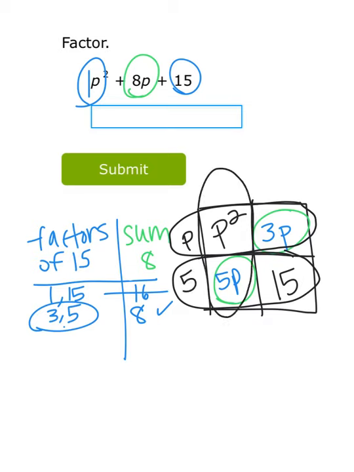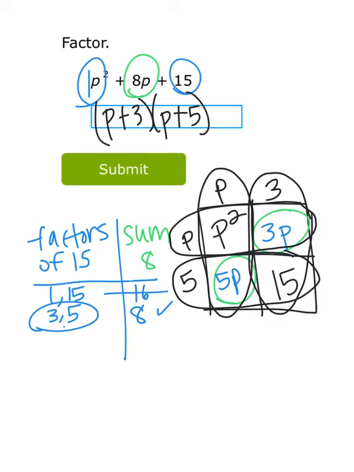And then move into the columns. They both have a p in common. And then the last column, the greatest common factor of 3p and 15 would be 3. So our factors would be p plus 3 and p plus 5. It doesn't matter which order.